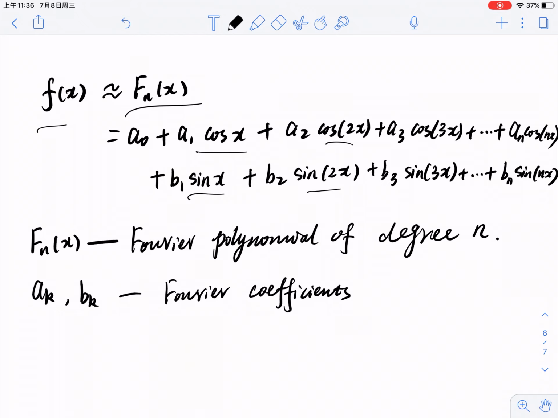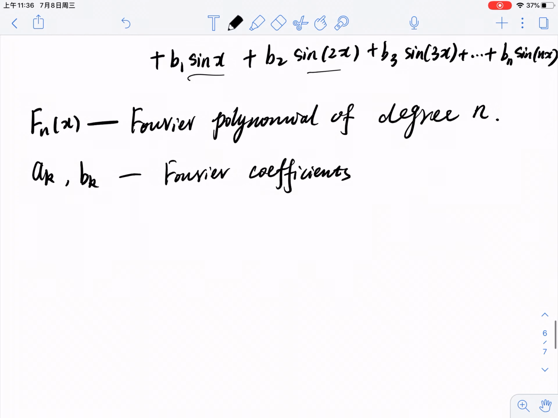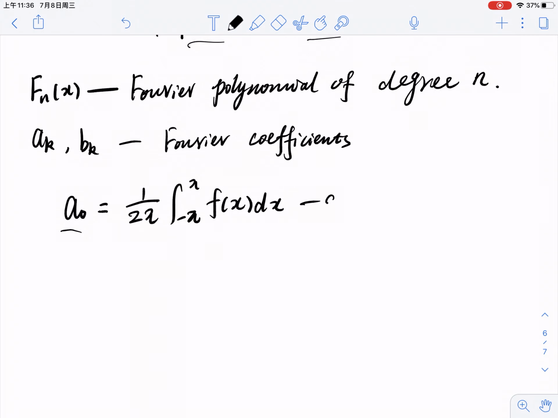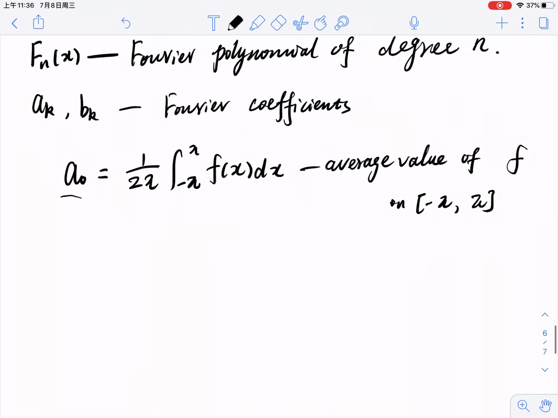The Fourier coefficients for a periodic function of period 2 pi are as follows. The coefficient a0 is 1 over 2 pi, the integral from negative pi to pi of f(x) dx. Note that this a0 is simply the average value of f on negative pi to pi.